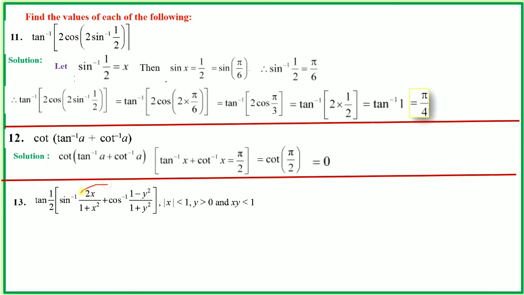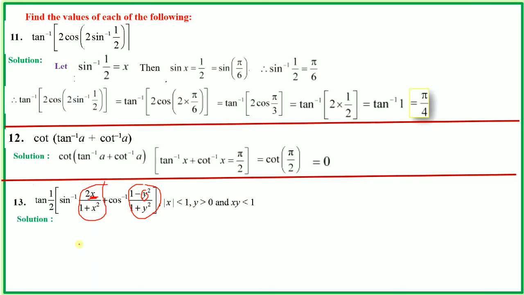You need to concentrate on general trigonometry: if we substitute x by tan theta, 2 tan theta upon 1 plus tan square theta is the formula of sine 2 theta in terms of tan theta. And if we substitute y again with tan theta, 1 minus tan square theta upon 1 plus tan square theta is again the formula of cos 2 theta.